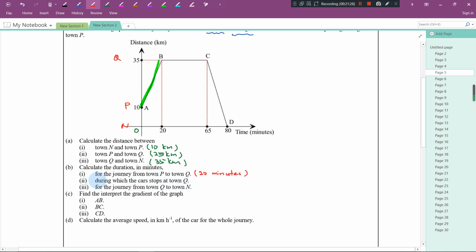Okay, how about this? During which the car stopped at town Q. Here, stationary. The car rests at town Q, doesn't move. How many minutes? Take 65 minus 20, you will get 45.